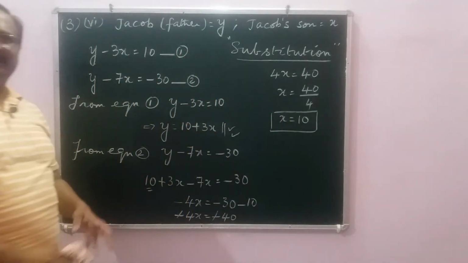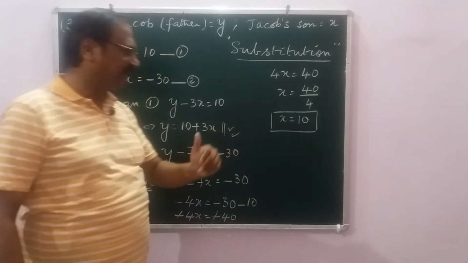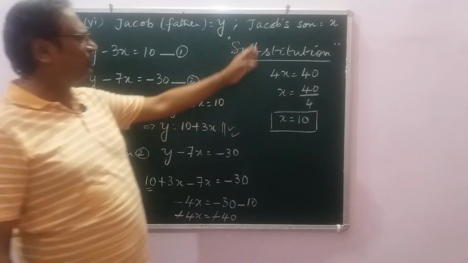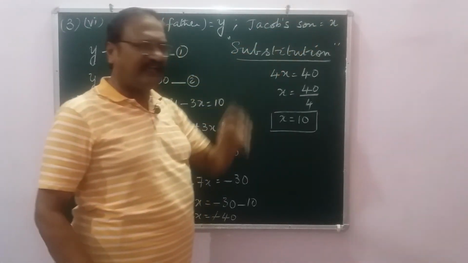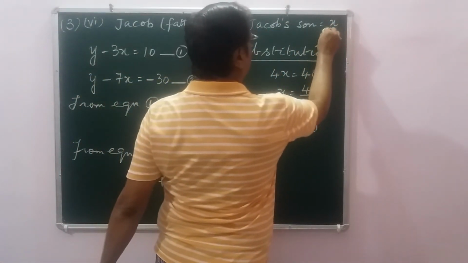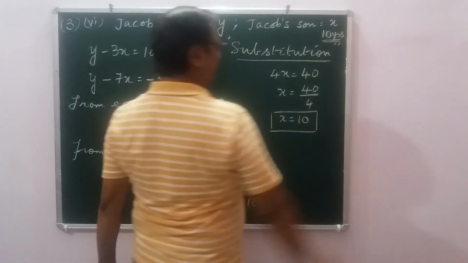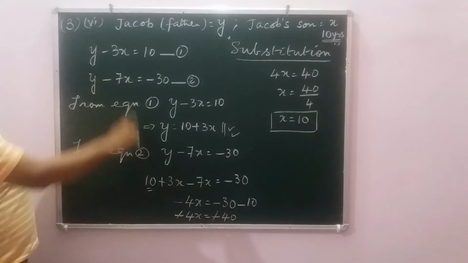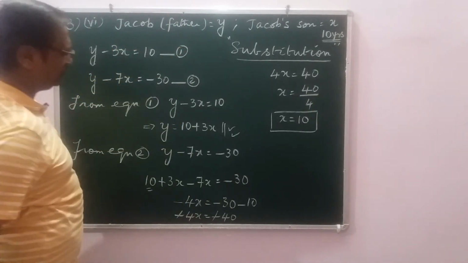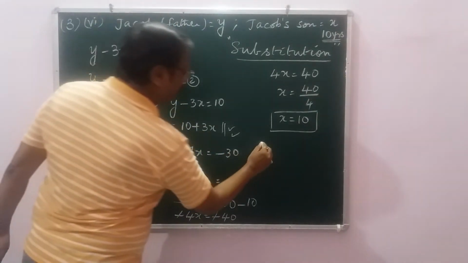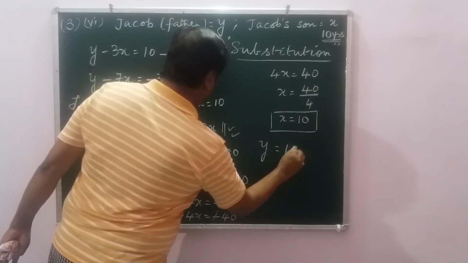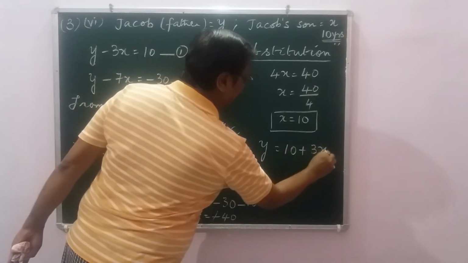Now we have calculated the value of x. What does x represent? Jacob's son's age. So Jacob's son is 10 years old. Now we need to calculate the father's age. We take the equation y is equal to 10 plus 3x.